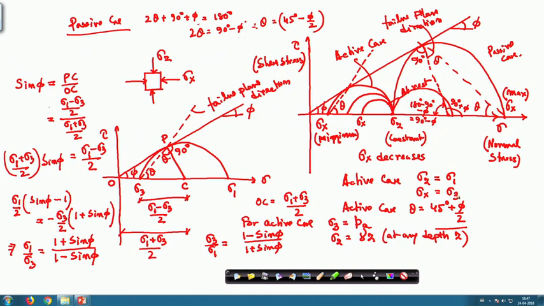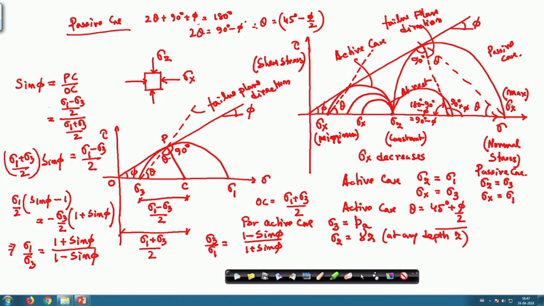So, now as I mentioned, for the active case, your sigma z is equal to sigma 1 and sigma x is equal to sigma 3. But for the passive case, it is opposite. Okay? For the passive case, your sigma z is equal to sigma 3 and sigma x is equal to sigma 1.